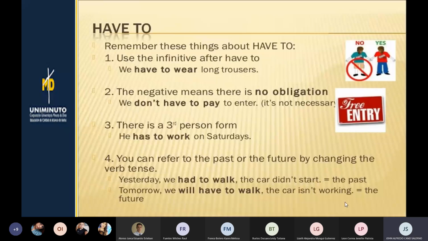Will have to in future, tendré que. Okay. Third person in affirmative, he, she, it has to. Okay. Negative, don't have to or doesn't have to. Good. So let's continue.